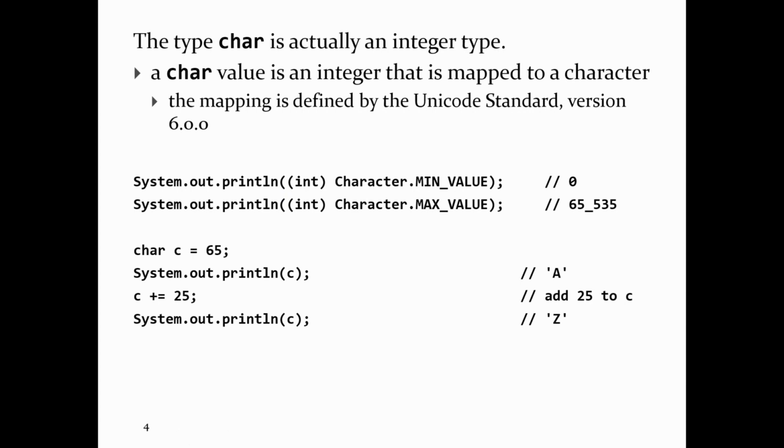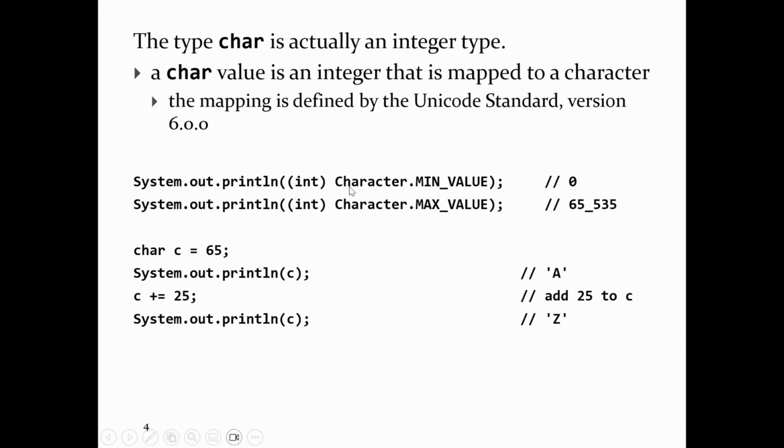So what the language does is it takes the integer and maps it to a corresponding character, and the mapping is defined by this thing called Unicode. It's a similar standard to what Python uses. Python also uses Unicode. I don't know if Python uses the exact same version of Unicode, but in Python, the individual elements of a string are all Unicode characters. And the same is true in Java.